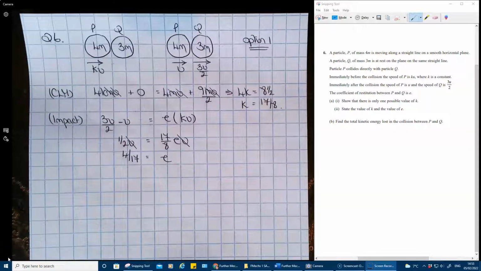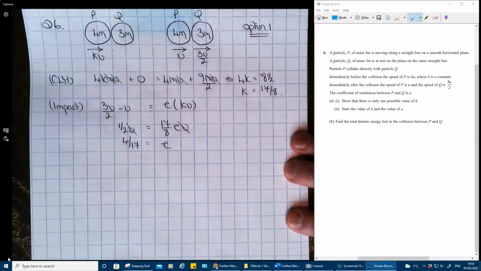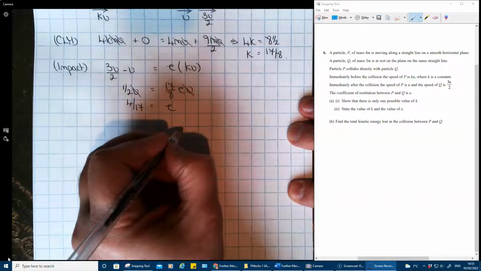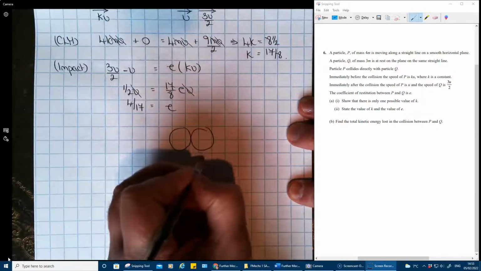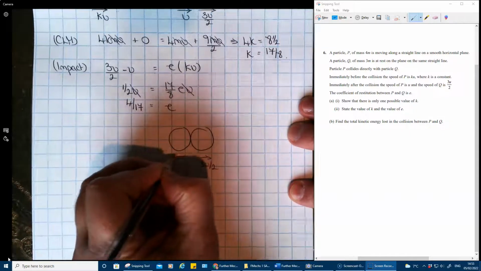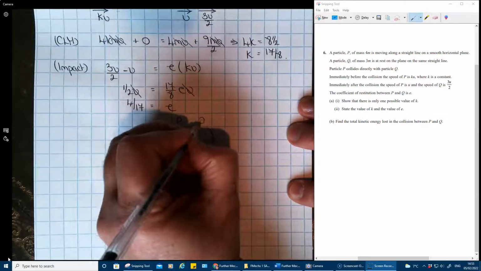Okay, now alternatively we could get the situation where they bounce off each other, so we're going to go through exactly the same process. The start is the same, the end we could have this option, so that is going with 3u over 2, but it bounces off still with a speed of u, but in the opposite direction.